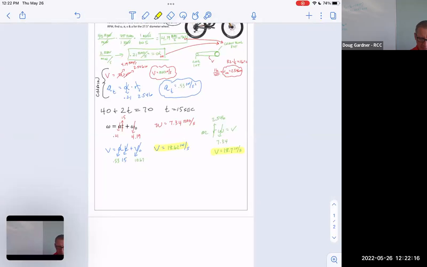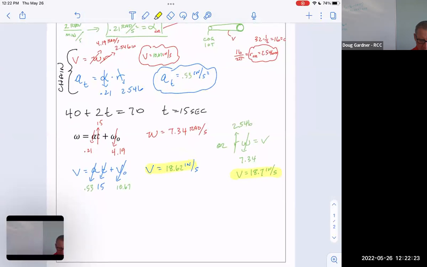Okay, so quickly then, let's work our way back to the wheel. The main thing is that we just got finished with what's happening on the front cog and what's happening to the chain.